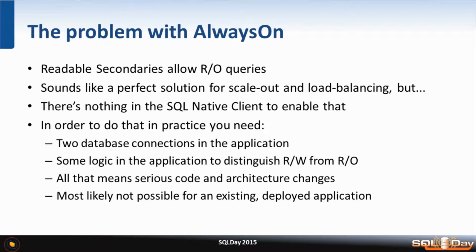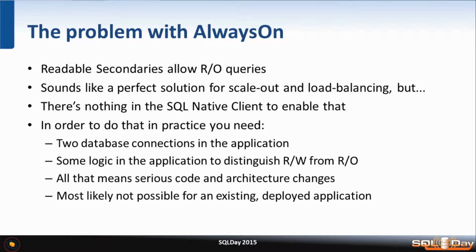Just imagine the amount of code changes that it would require in any application. A lot of those changes are very often either very difficult or just impossible. Right? This is most likely not possible for any existing deployed application, unless you really go back to the drawing board, redesign the application, spend a lot of time rewriting it, and then redeploying it.